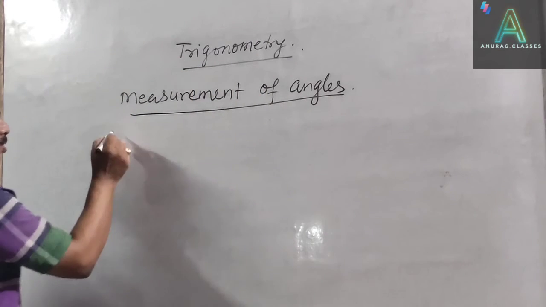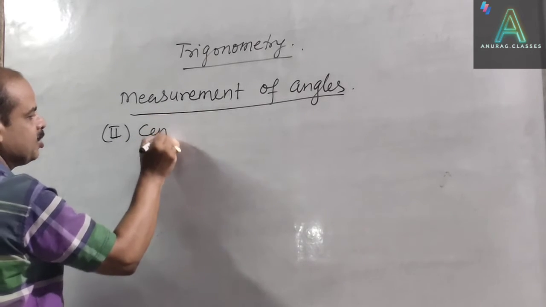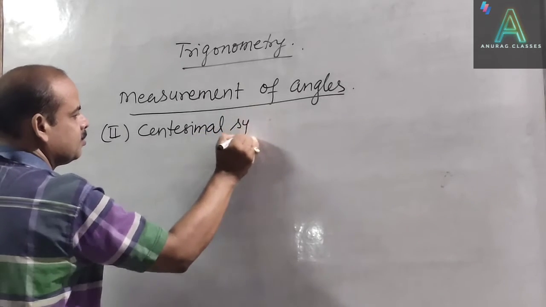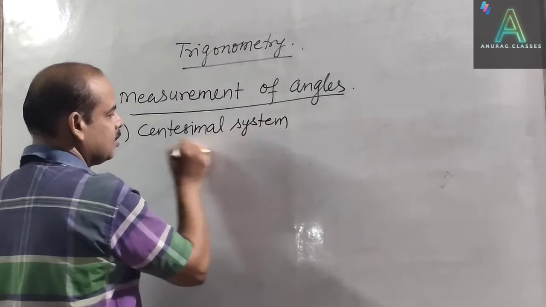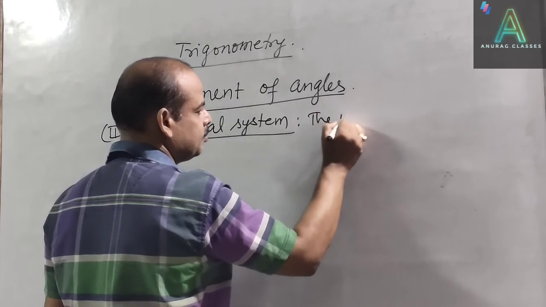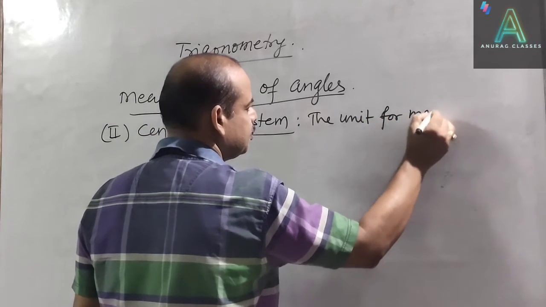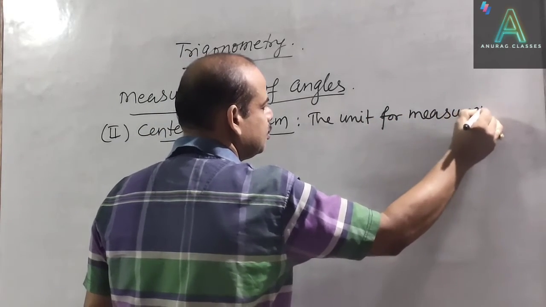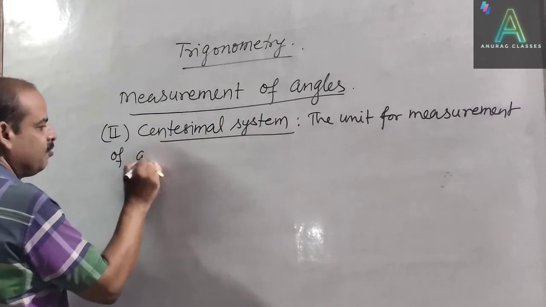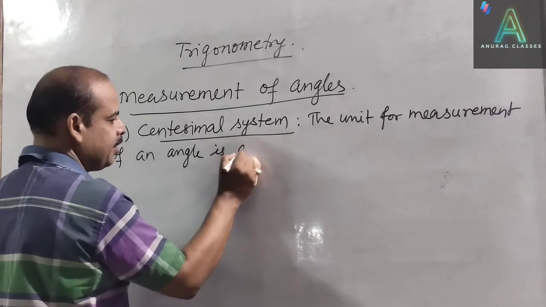Come to the second system for the measurement of angle, and that system is known as centesimal system. In this system, the unit for measurement of an angle is grade.